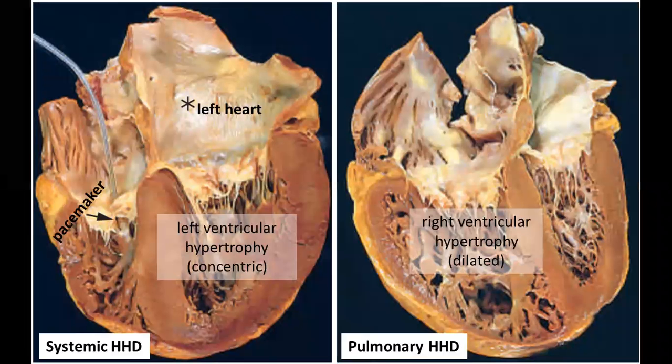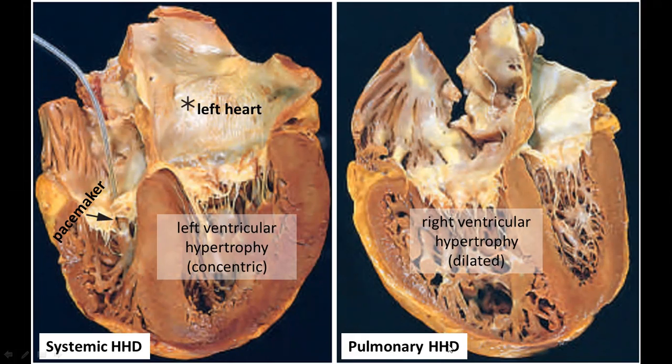And this is probably the last slide. We see that in systemic hypertensive heart disease, the left ventricular hypertrophy is concentric. The sarcomeres are arranged in a multi-layered way, having the same center. I mean, wall thickness is increased. In right ventricular hypertrophy, this one is dilated, due to the series arrangement of sarcomeres.